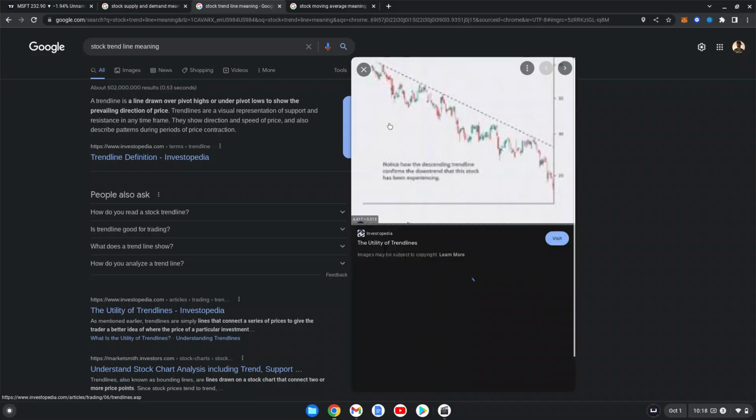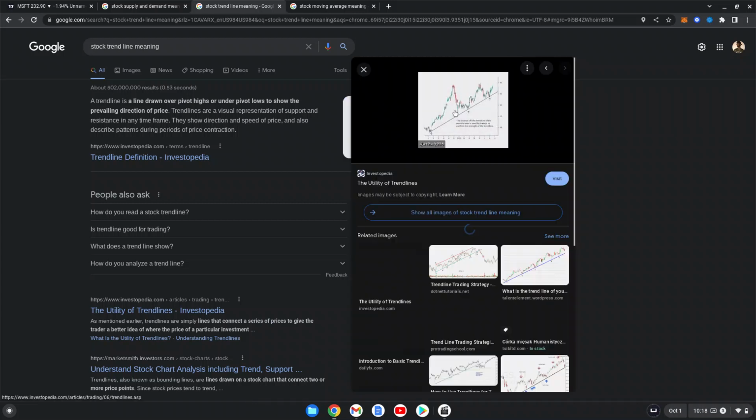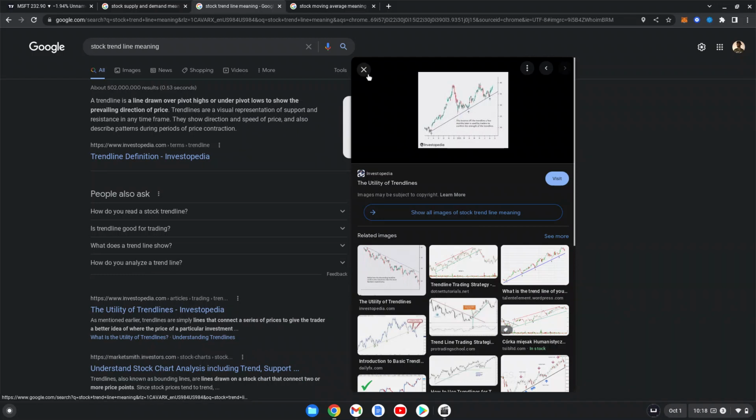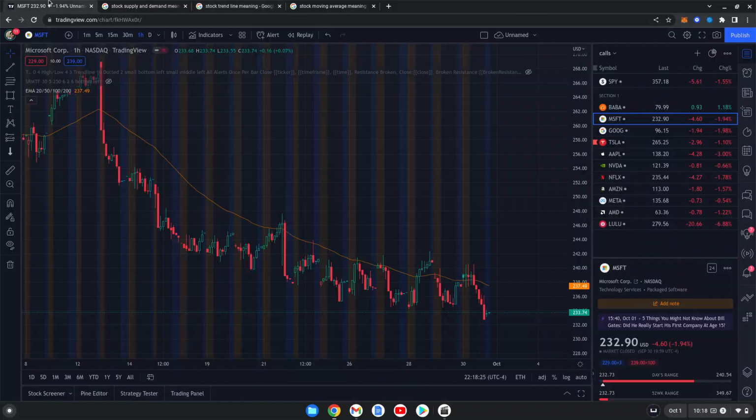So a trend line shows us the direction a price is going, like this, and then this would be an uptrend. Trend lines are important because if we know the direction of a stock, it's easier to trade in the direction that the stock is already going. It's easier than trying to predict that the direction will change.